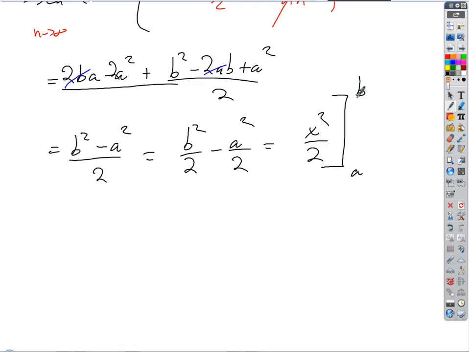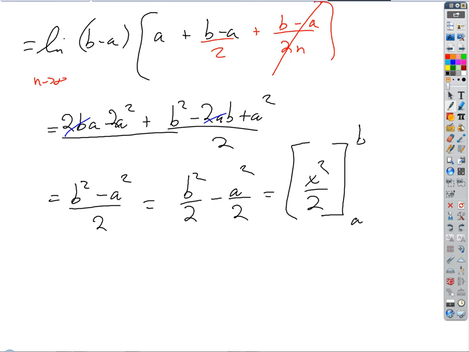Now this is a different notation, but what this means is this expression evaluated at b minus this expression evaluated at a. Okay? And I can even put the other side of the bracket on it. That's what that means when we put a subscript and a superscript to the side of an expression like that. Okay, that's what that implies.